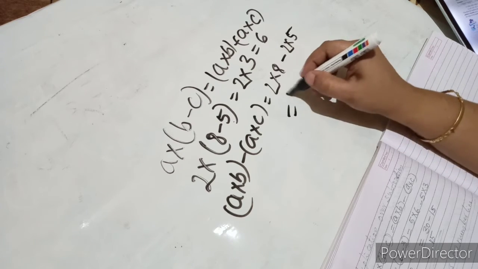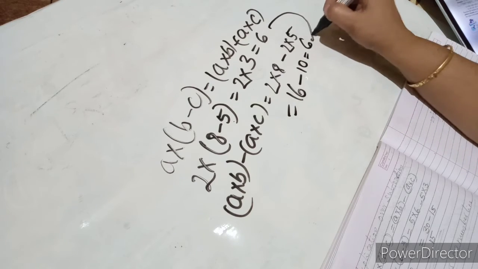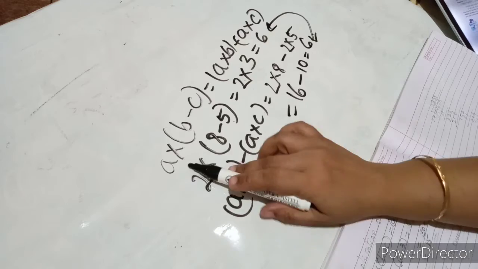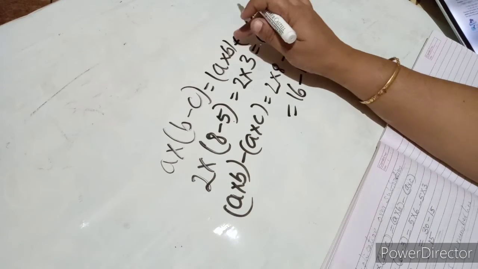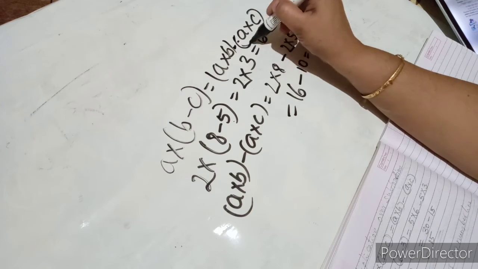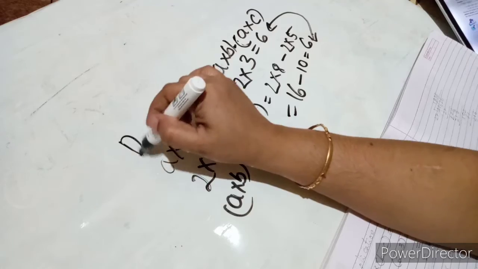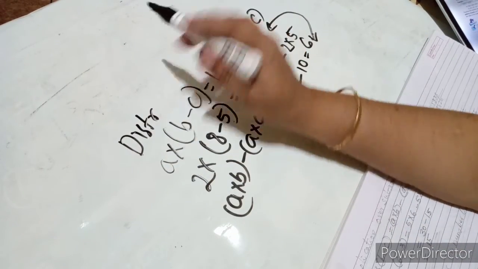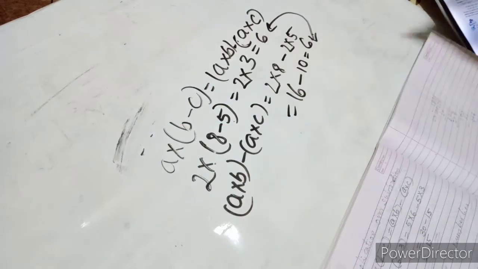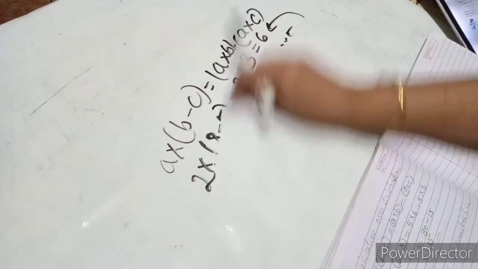That is 16 minus 10, which is also 6. These two are same. So A multiplied by B minus C is A multiplied by B minus A multiplied by C. This is distributive property of multiplication over subtraction. Now we conclude the properties.